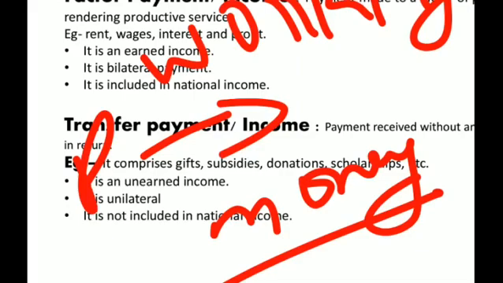In the same way, a person who is giving money to that person, because in lieu of that money his work is being done by another person, then for the person who is giving money, it will be factor payment.